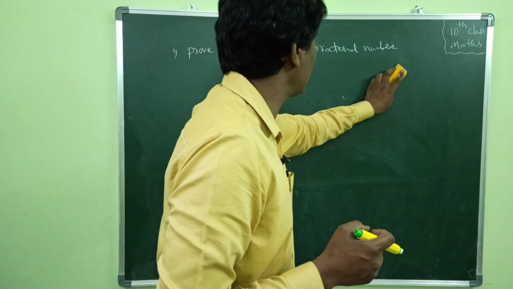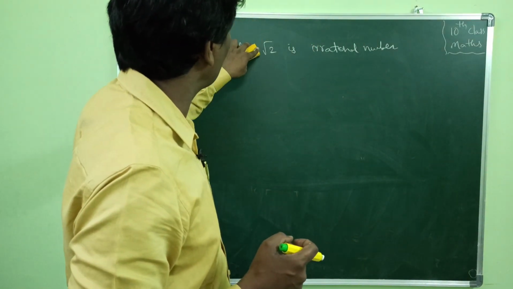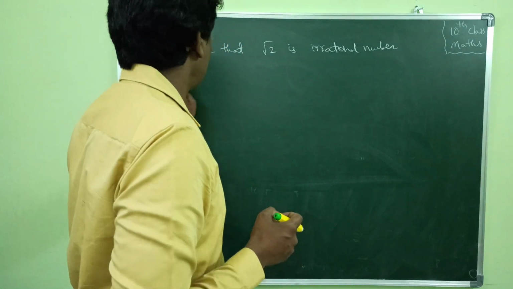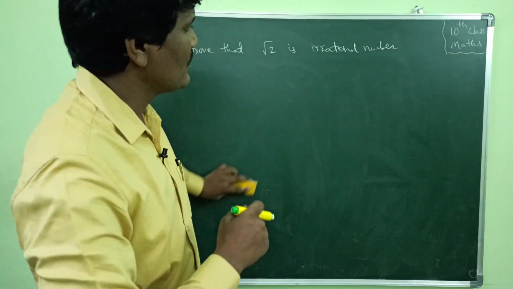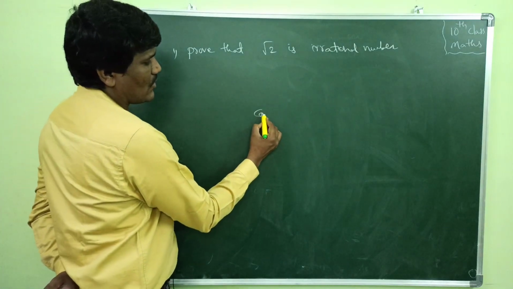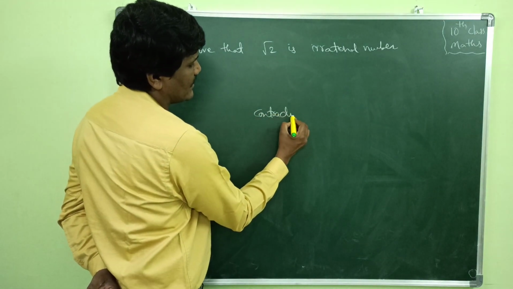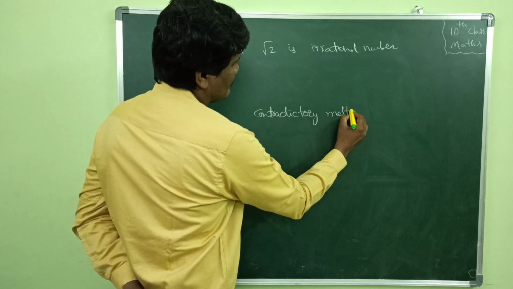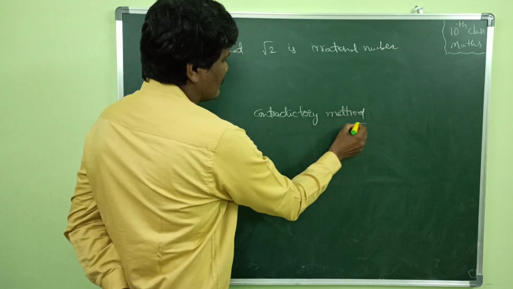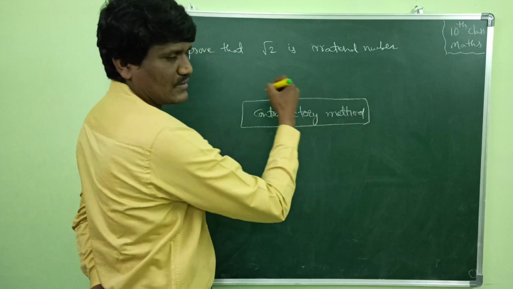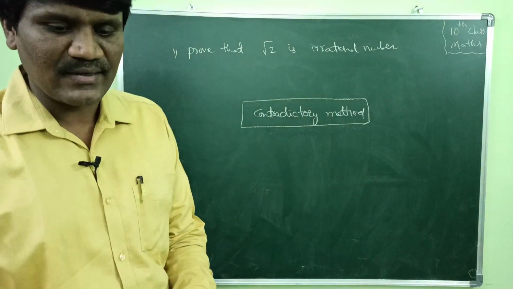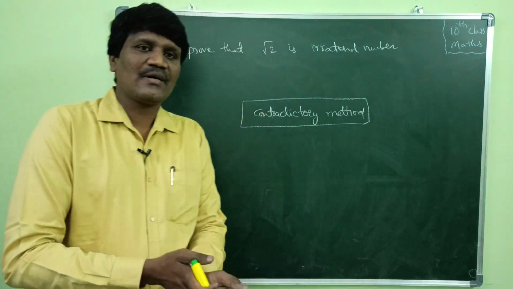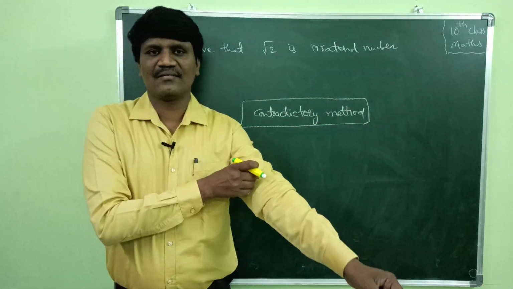Let us see what is a contradictory method. The first question is, prove that root 2 is irrational number. So we will prove this by the contradictory method. What is the contradictory method? The most important thing is, what is a contradiction?